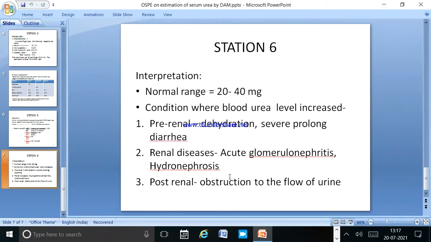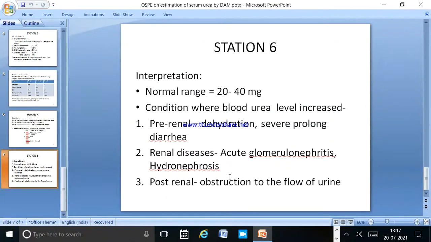Pre-renal causes include dehydration, severe prolonged diarrhea, or severe vomiting. Renal diseases include acute glomerulonephritis and hydronephrosis. Post-renal causes may be obstruction of the flow of urine, tumor of the bladder, or enlargement of the prostate gland.